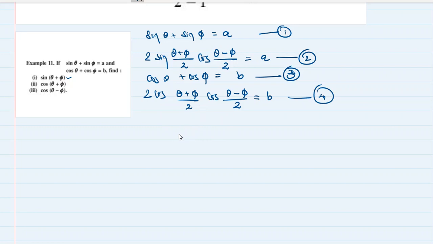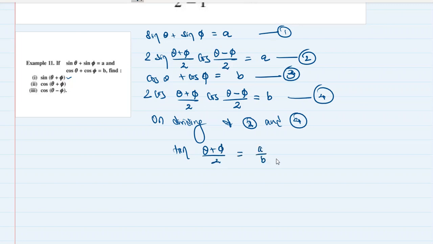Because in both equations 2 and 4 we have cos (theta minus phi) by 2, which will get cut on dividing, and the 2 also will get cut, and sine (theta plus phi) by 2 upon cos (theta plus phi) by 2 will become tan (theta plus phi) by 2, which will become equal to A by B. So on dividing equations 2 and 4, you get tan (theta plus phi) by 2 is equal to A by B.